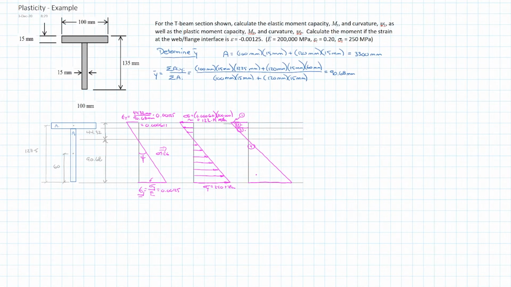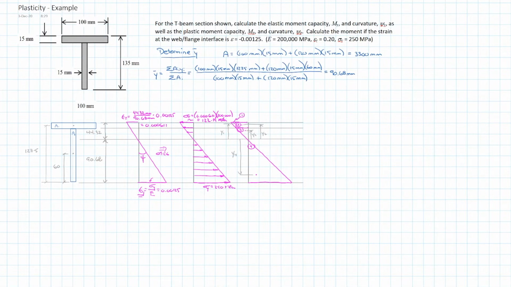So I'll draw this one over here, and we want to know the distance y1 from the neutral axis, the distance here, y3, the distance y2, and of course down here we have our distance y4.